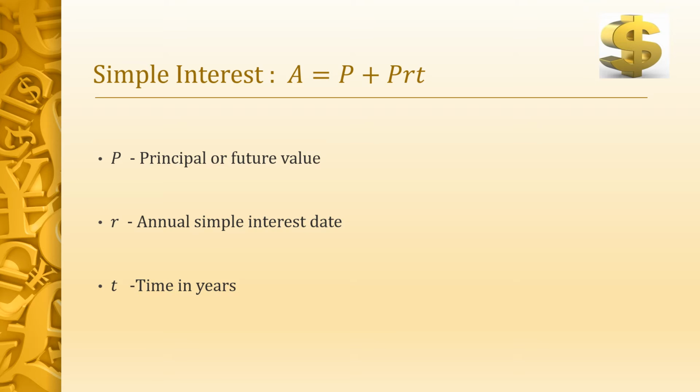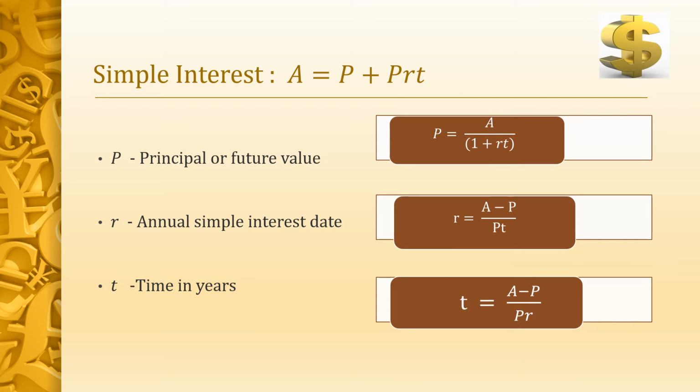It is just an algebraic calculation, and we know that P will be A divided by 1 plus RT, the rate of interest will be (A minus P) divided by PT, and the time will be (A minus P) divided by PR. Let's see some examples where we calculate the simple interest, and if the total amount is given, let's see how to find the principal or future value, the interest rate, and the time.